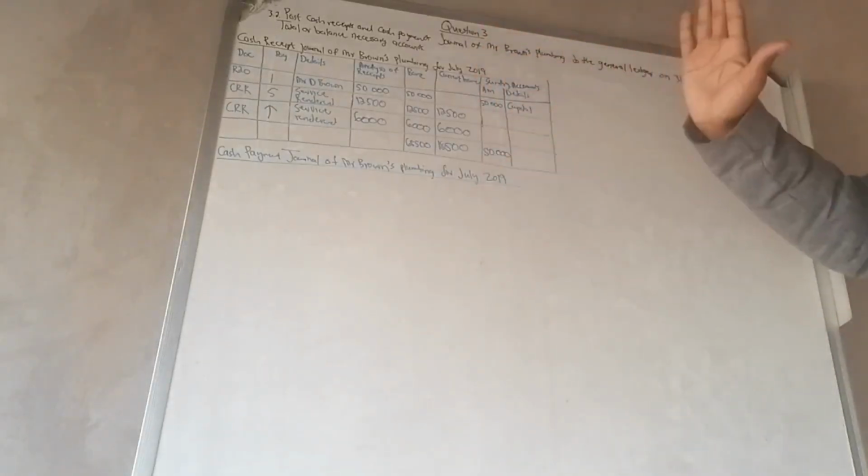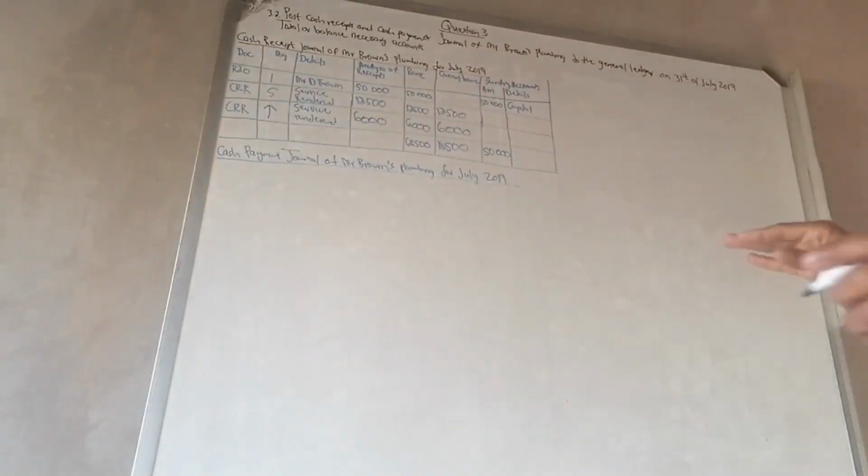When we work the cash receipt journal, we also work the cash payment journal. Now, what are the columns?